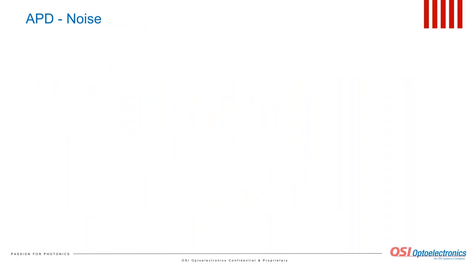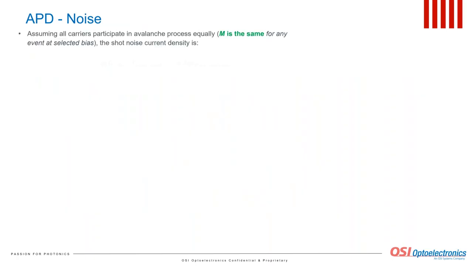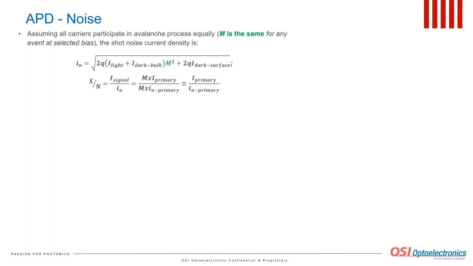Next, we'll move and discuss noise in avalanche photodiodes. Using Poisson statistics for the shot noise, which is the main contributor to the noise current for any pin photodiode and APD, and assuming that the gain is the same for any event at selected bias, the shot noise current density of APD is given with this simple equation.